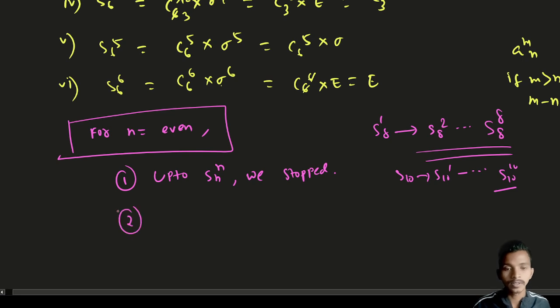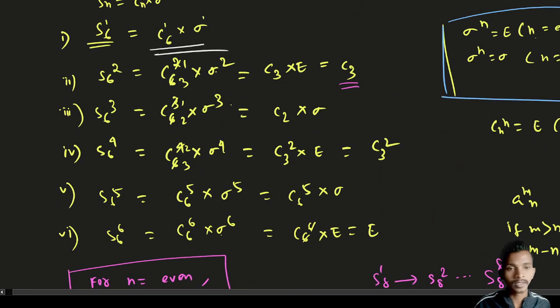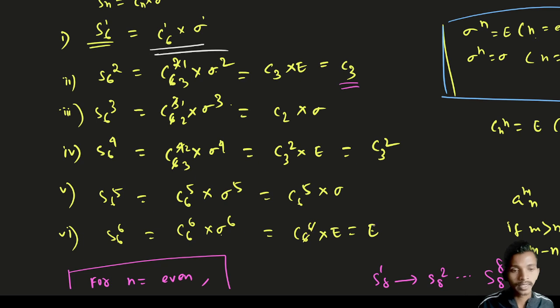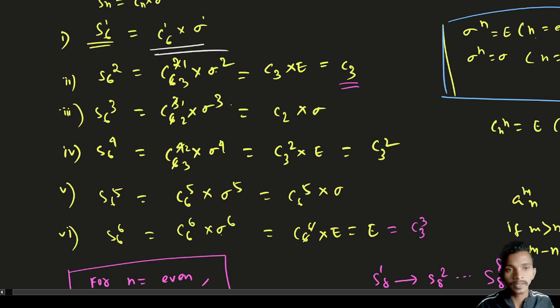And the second observation, if you observe it nicely, is that this one I can also write as C3 3. Why am I writing this? You see, here this is C3 1, another C3 2 I get, then this is C3 2, and this is C3 3.